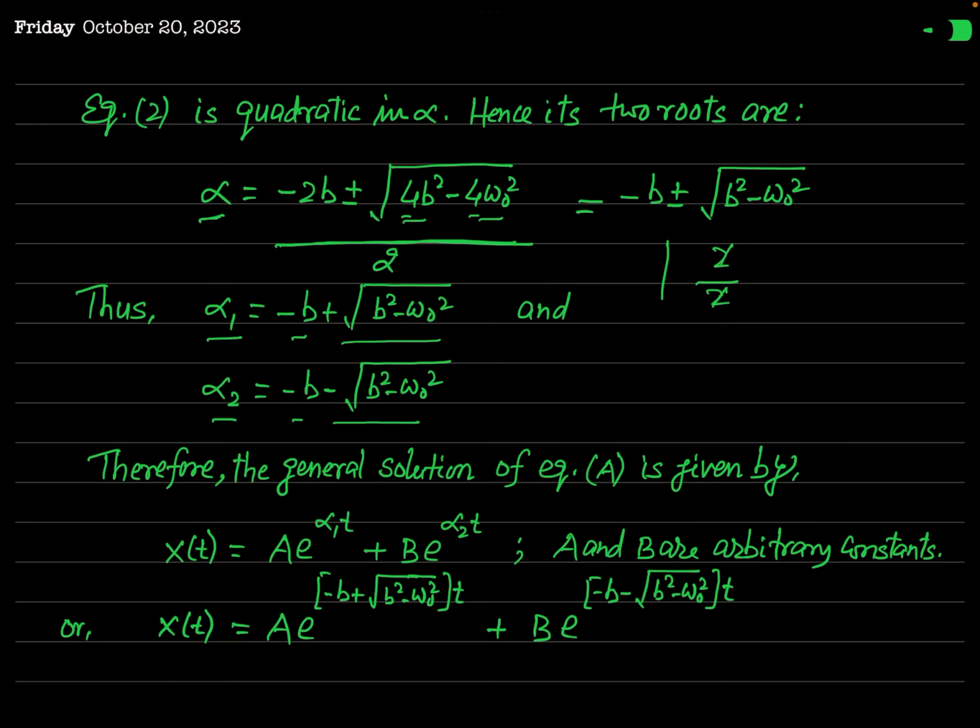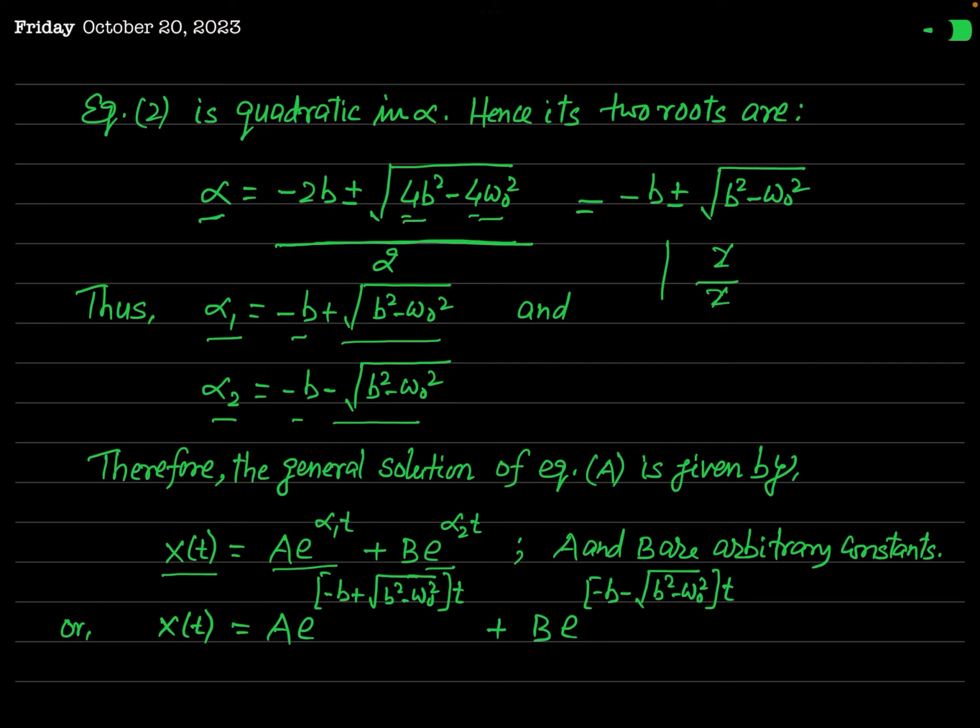Actually, in this case, we will have to integrate 2 times, and during 2 integrations, we will have 2 integration constants. So the general solution of that very equation is written as x of t equal to an arbitrary constant a times e to the power alpha 1 t plus b times e to the power alpha 2 t.